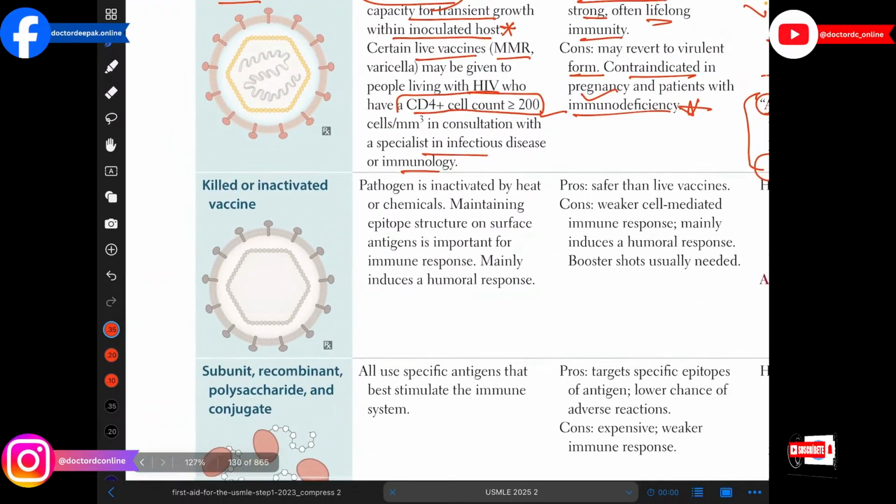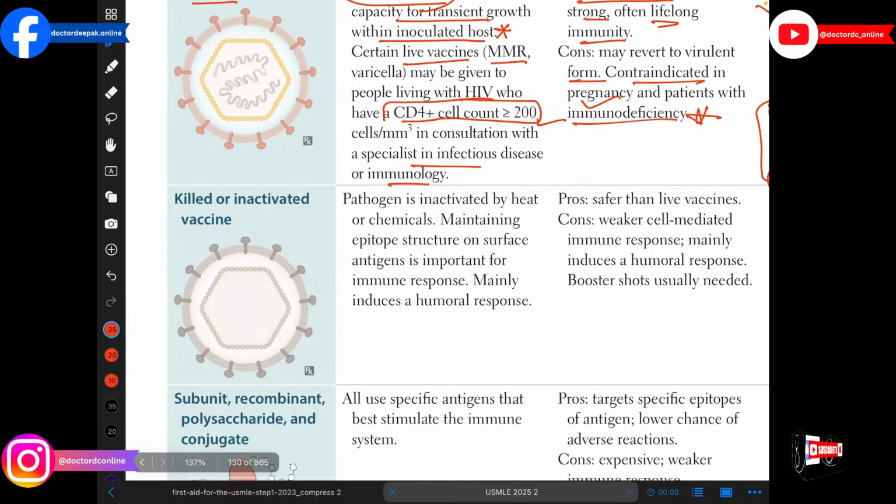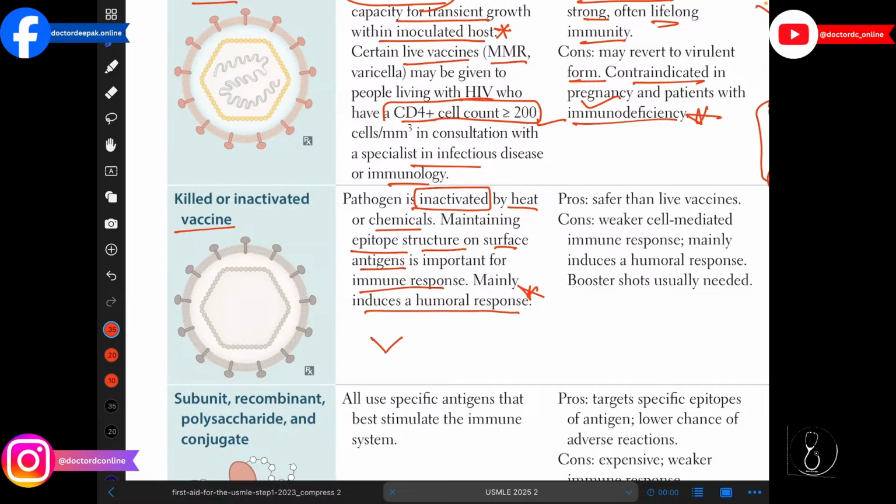Understand? So we are going on to the killed or inactivated vaccine. The pathogen is inactivated by heat or chemicals. Maintaining the epitope structure on the surface antigen is important for the immune response, and it mainly induces humoral immunity. If you remember the structure of the antibody, there was one diagram.